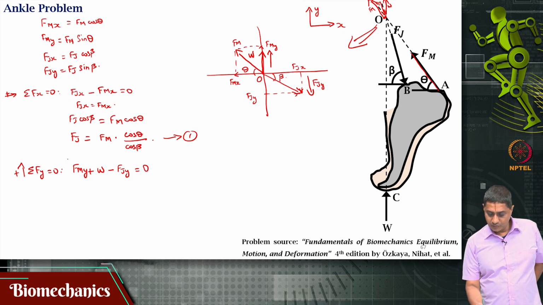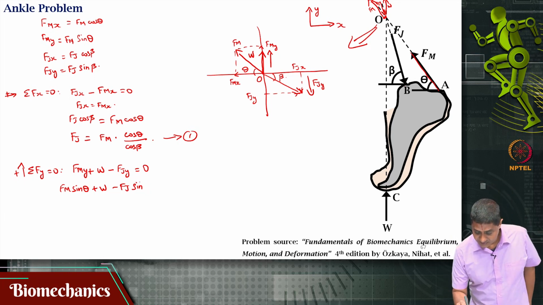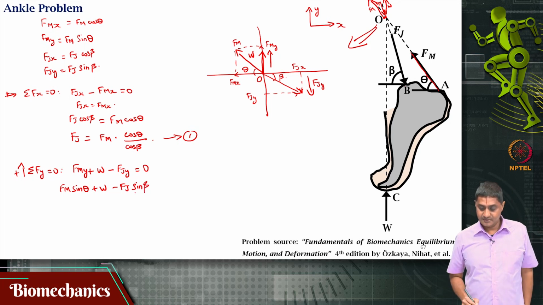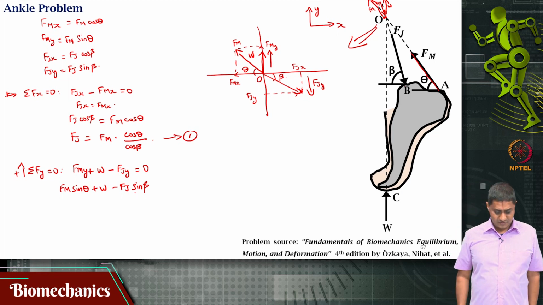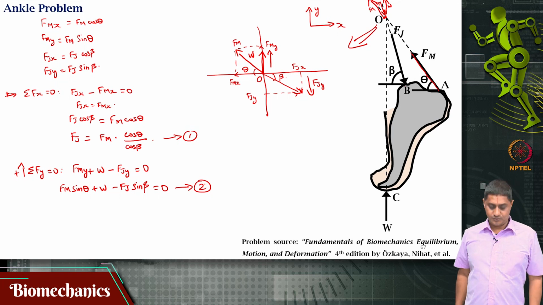Now, I can write out Fmy and Fjy. Fmy is Fm sin theta plus W minus Fj sin beta. This whole thing is 0 and I am going to call that equation 2.